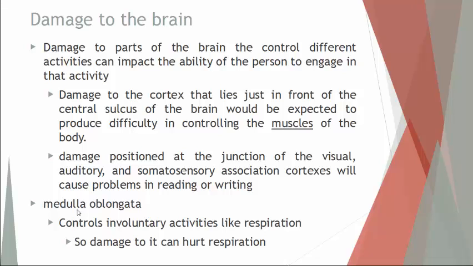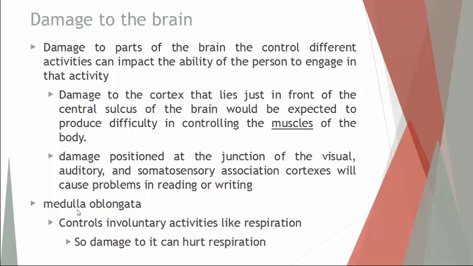You may be able to be kept alive by a respirator or by a heart machine, but if those machines are turned off, there's no tissue there able to sustain that on its own. So that's why someone is considered to be brain dead: when the medulla oblongata has been damaged so severely, the respiratory centers and the cardiac centers don't work anymore.